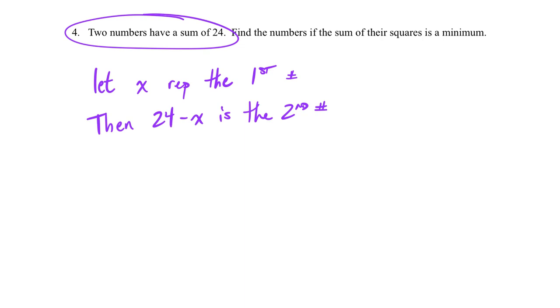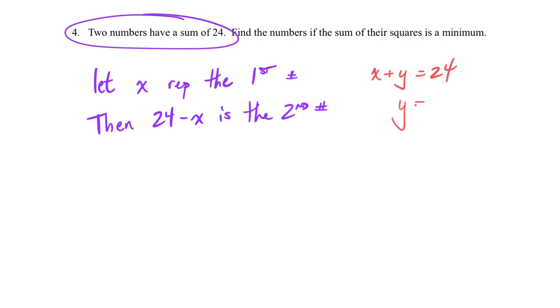Now, if there was any part where we goofed up on that one, oh, I had x plus 24. We treated it as if it was a difference. Keep in mind, y could have been our second number, and therefore our equation could have been the first number plus the second number is 24.